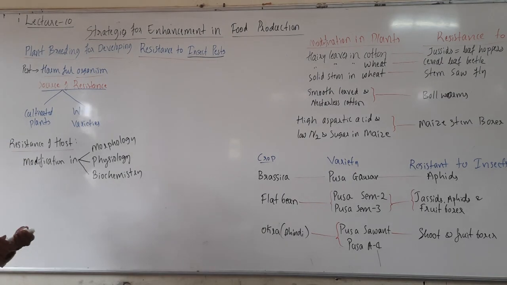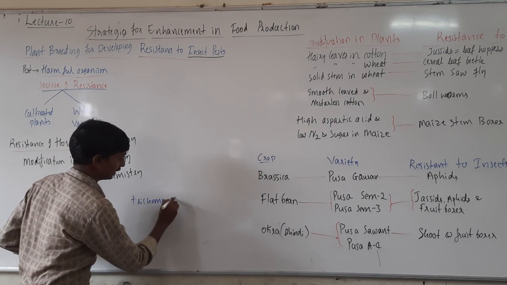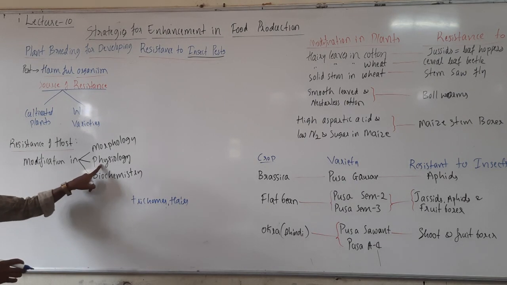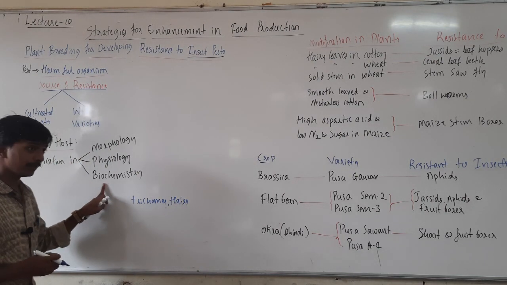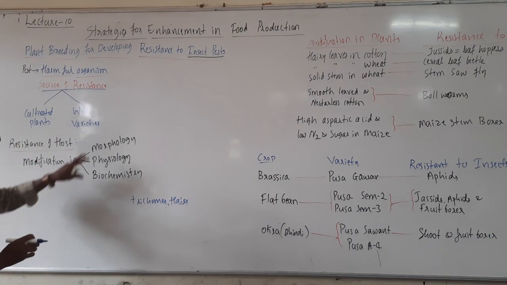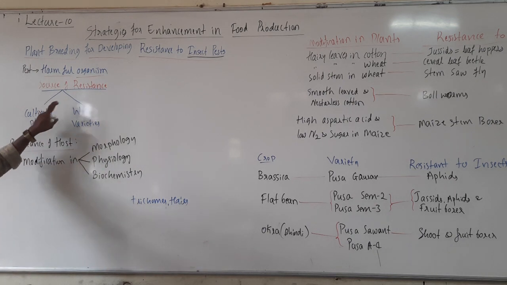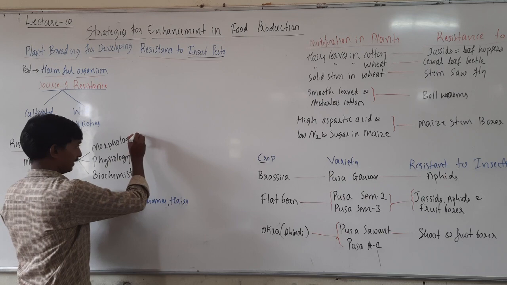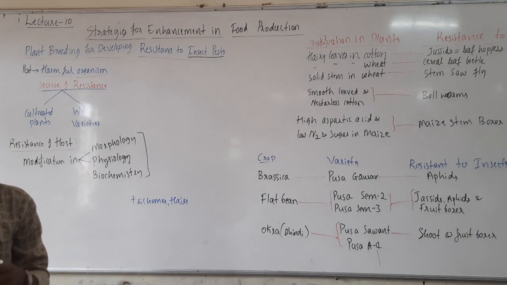Morphology means, you have heard about trichomes, hairs on the stem, right? All those are modifications. Physiology means change in the respiration and photosynthesis pattern, etc. Biochemistry means production of some chemicals, like that. If all these are modified, then the plant will be resistant to those insect pests. So, we shall see the methods of how these are developed.